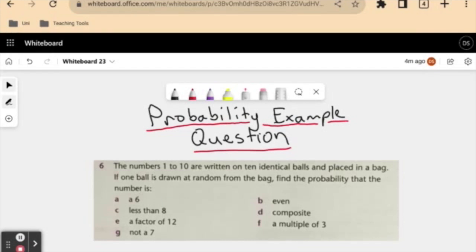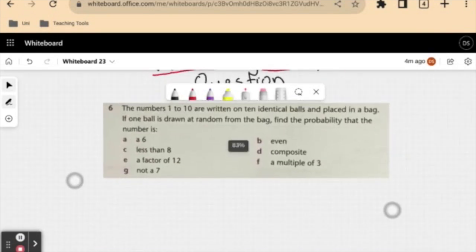So here we have a question which states the numbers 1 to 10 are written on 10 identical balls and placed in a bag. If one ball is drawn at random from the bag, find the probability that the number is all of these different possibilities, right?